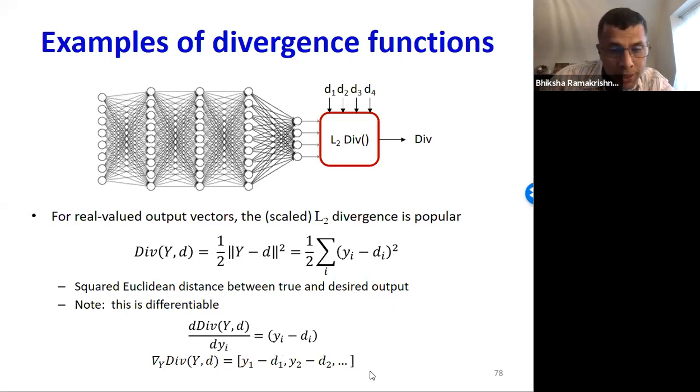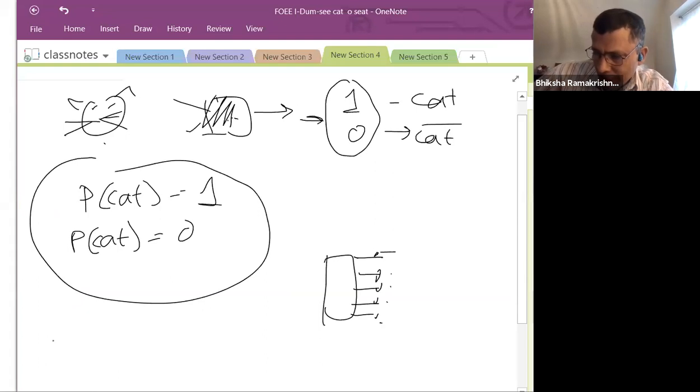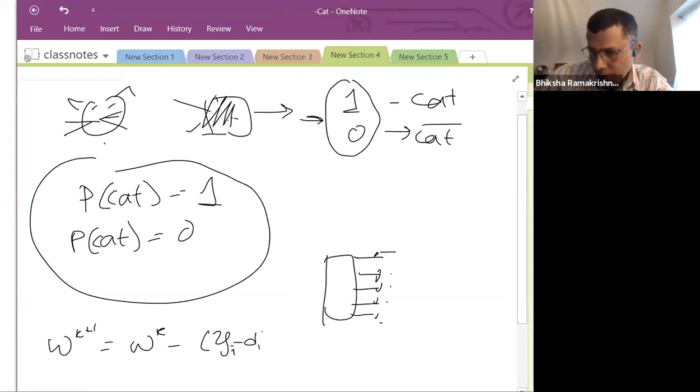And now our update rule itself looks something like this: W_{k+1} equals W_k minus eta times (Y_i minus D_i), for each component.